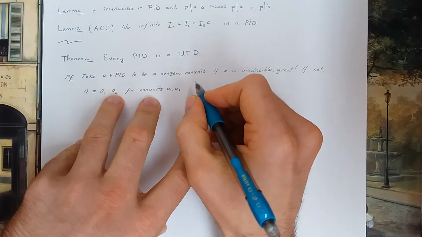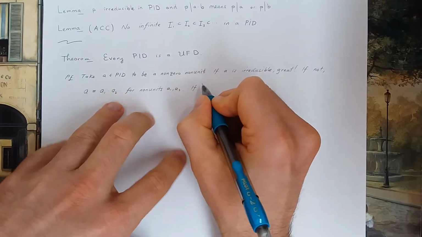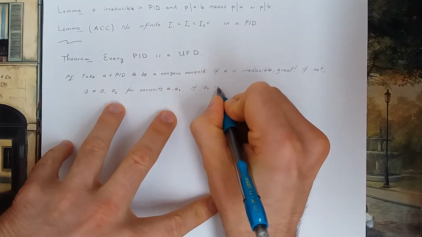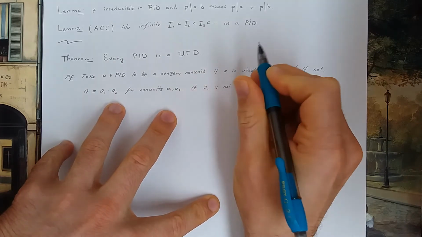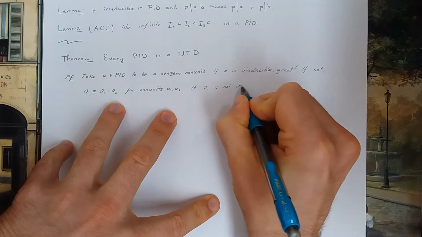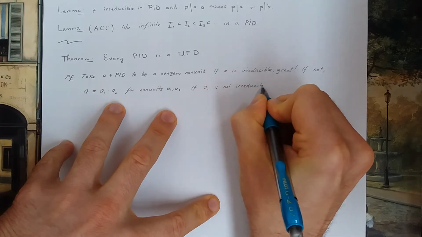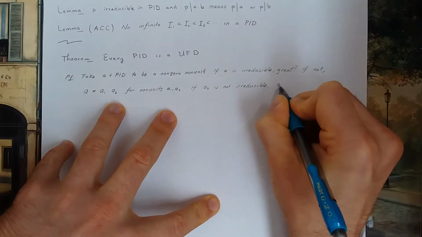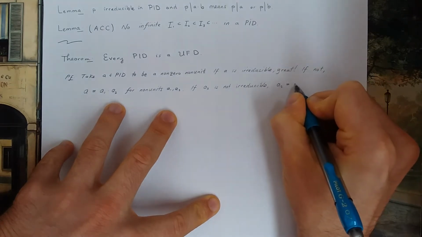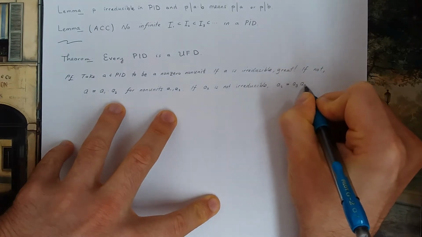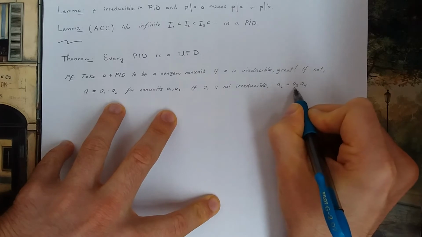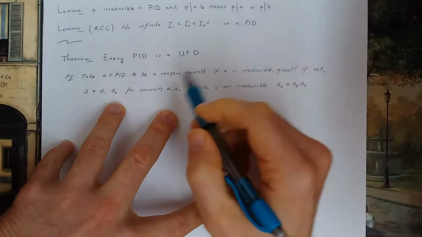Here are the details. Let's say A2 is not irreducible, then take A2 and write it as A3 times A4. A3 and A4 are not units either.